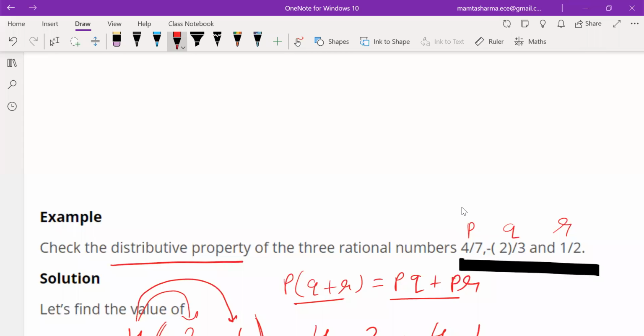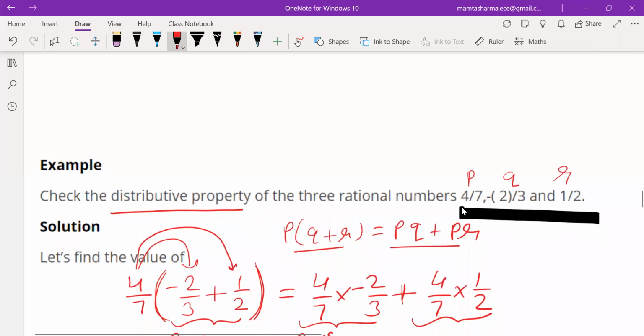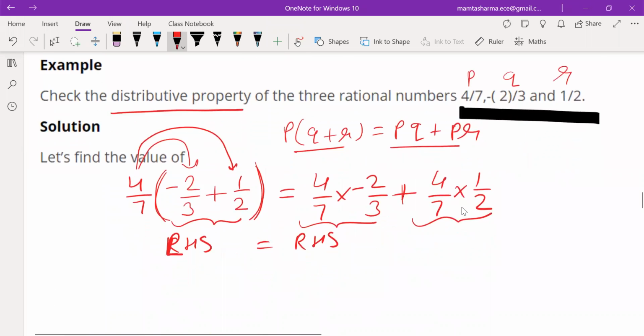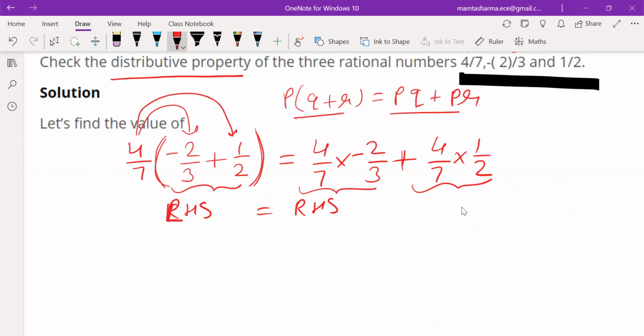It's not the same, ma'am. It would be the same. Yes, ma'am, it's not the same. 4 by 7, it would be 6 minus 4 plus 3.